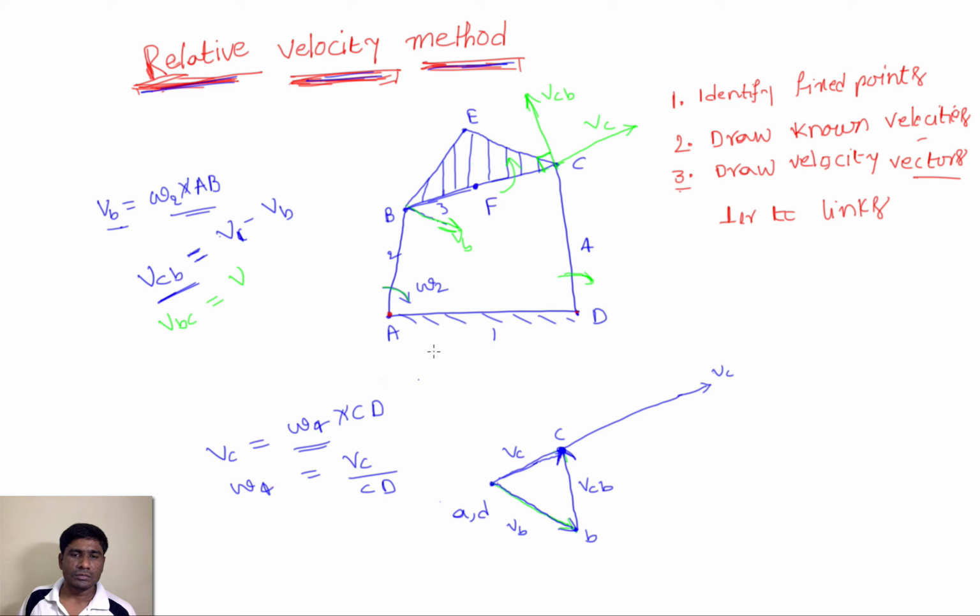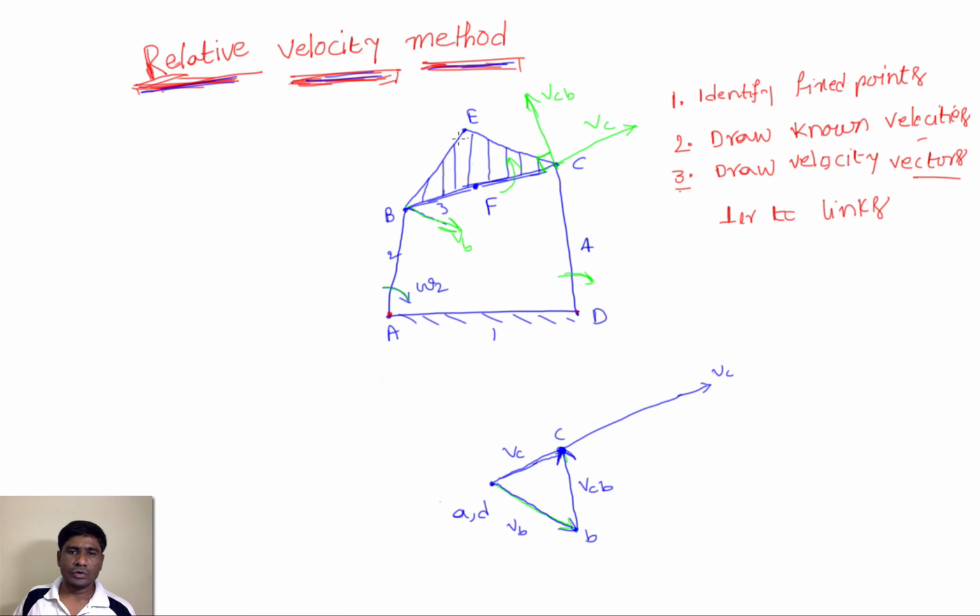Again, what is the relative velocity? VCB equals omega 3, the angular velocity of this link, into the distance between these two points C and B, that is BC. So from this equation we can calculate omega 3 equals VCB by BC.